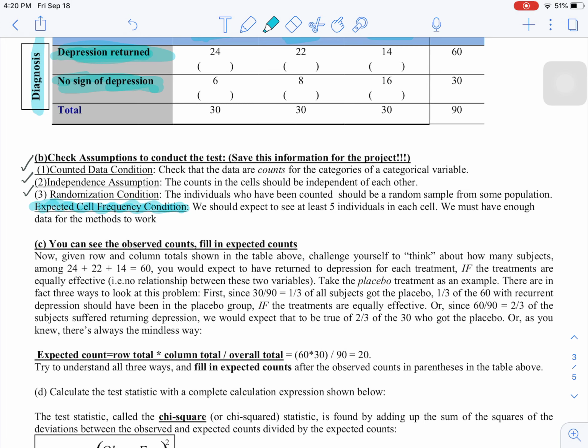Our last condition says that a certain quantity called the expected cell count or expected cell frequency needs to be at least 5 for each cell in the table. Let's come back to that in a second. We'll come back to checking this assumption because first we need to talk about what the expected cell count is and how we find it.